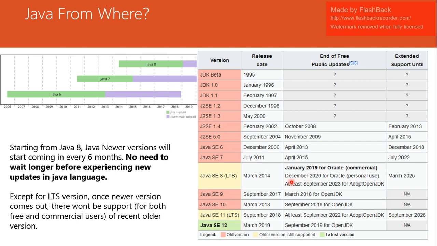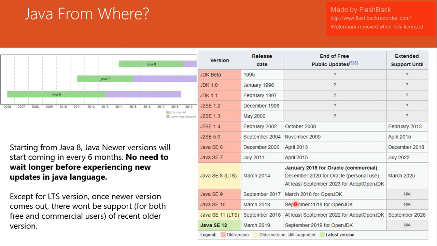December 2020 will be when Oracle will end free support and updates for personal use, and until at least September 2023 you will still be able to use the Adopt Open JDK, which means by the end of September 2023, Oracle will end support for that too. So Java SE8 is still being supported on a commercial basis until March 2025.